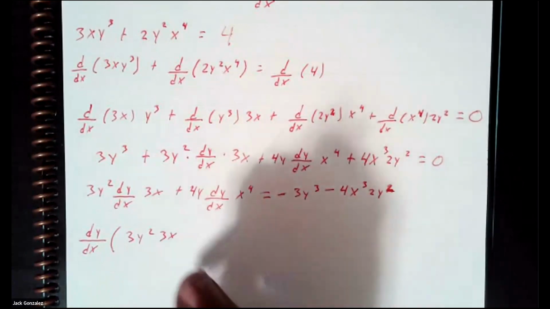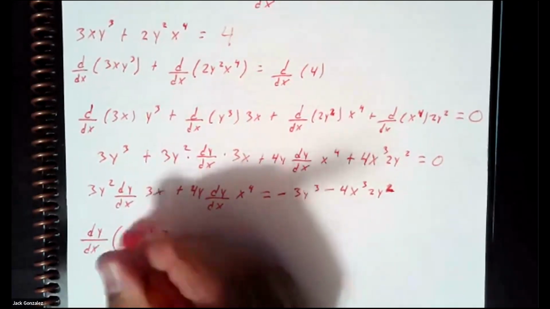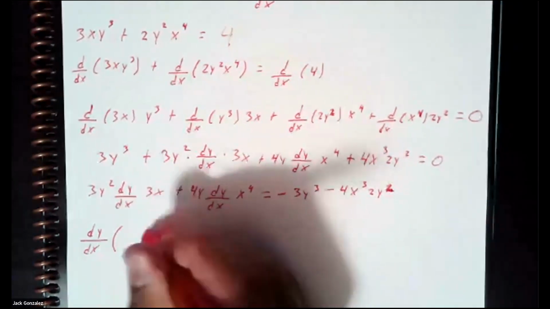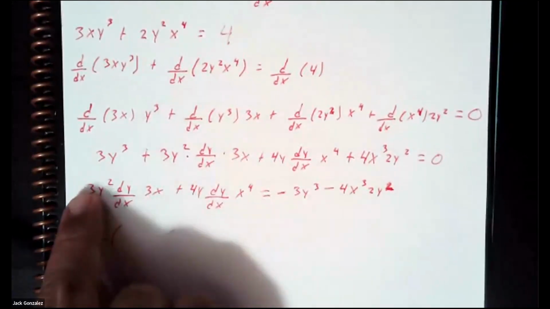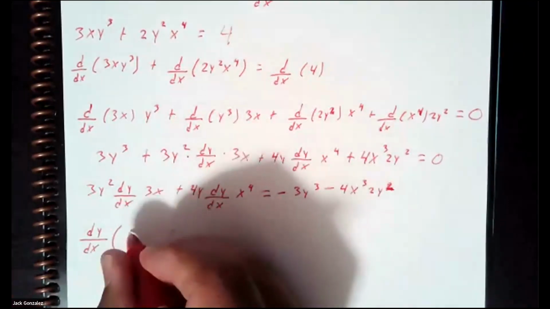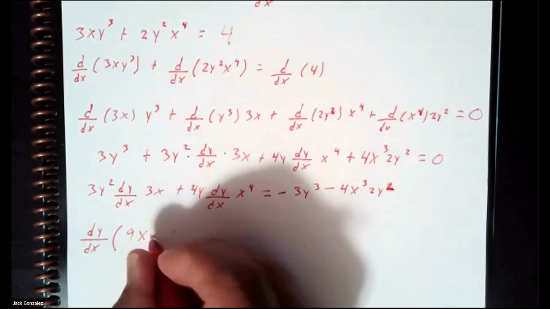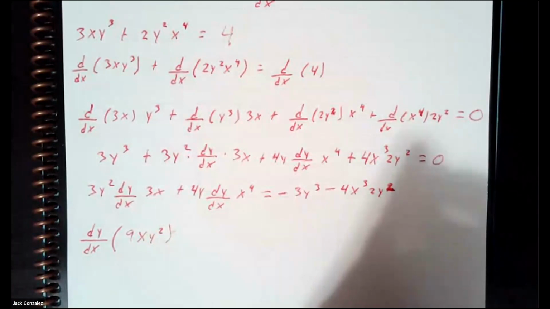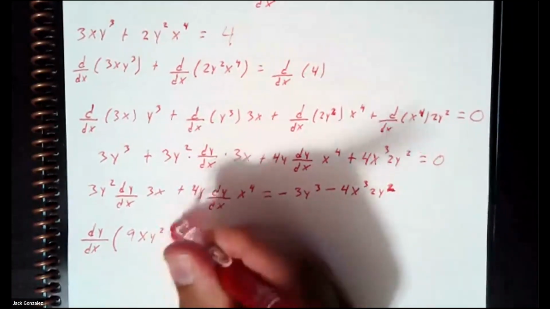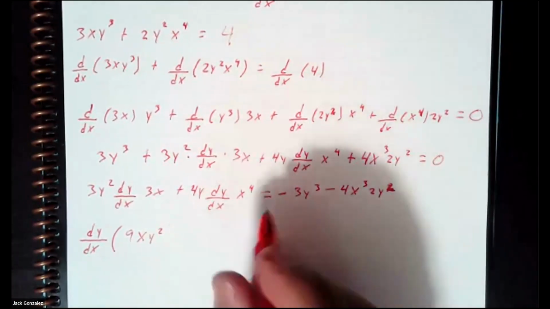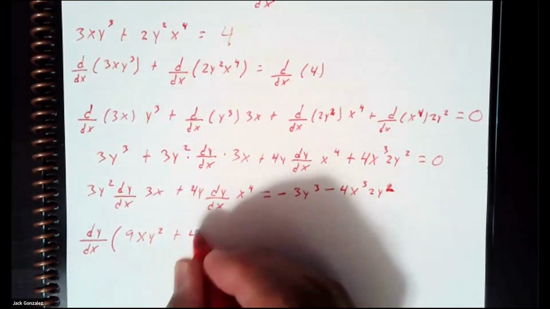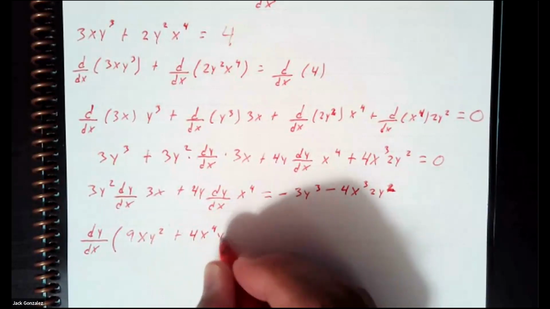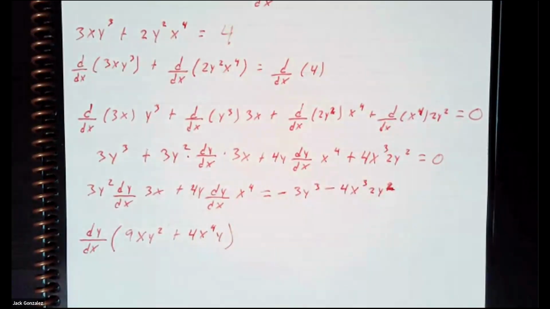Although I should probably combine that, huh? Three y squared times 3x is 9xy squared. Factor out dy dx, that'll give us plus 4x4y. I put the x's first for no reason.